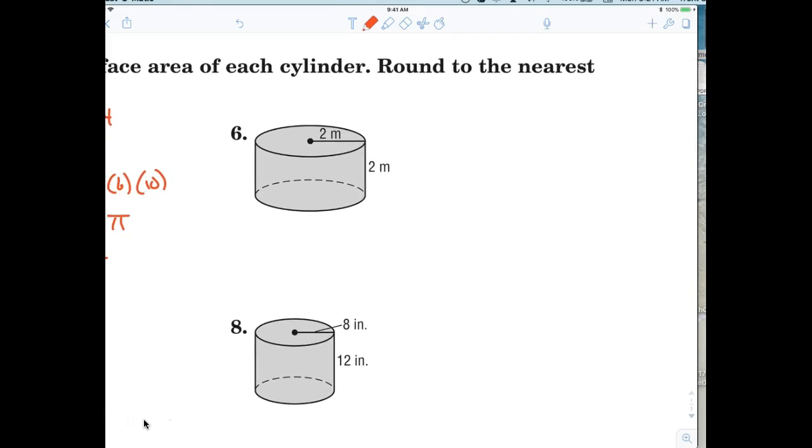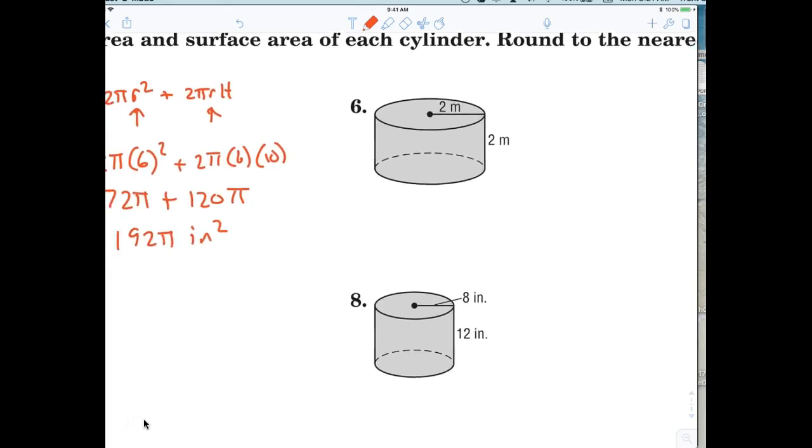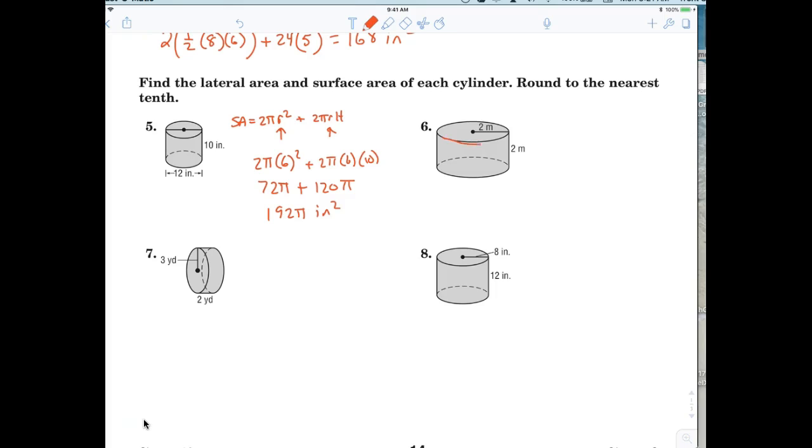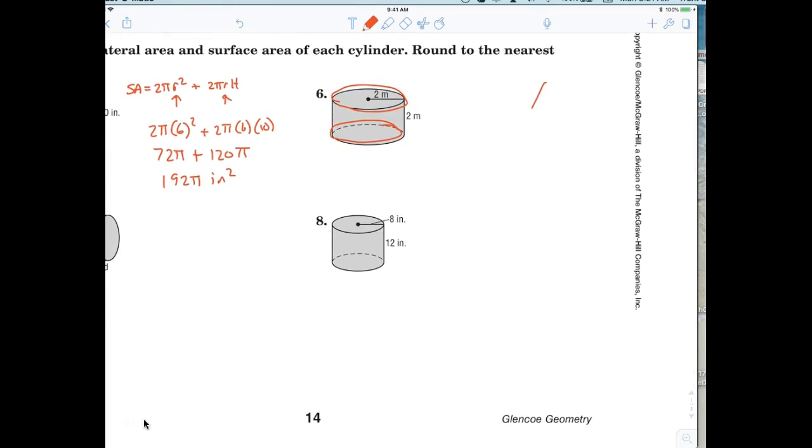Question number 6. What makes something a prism? Very easy. You see how it has 2 bases, and the bases are equal. Later this week we'll be talking about pyramids and cones.